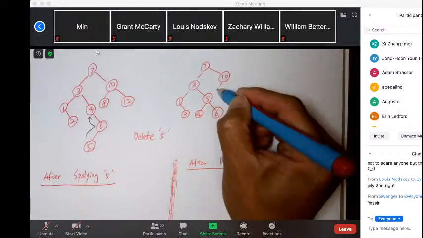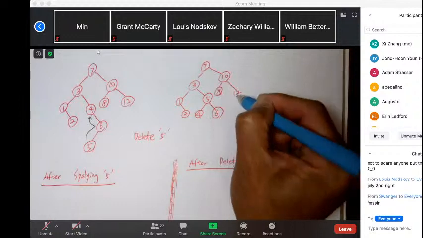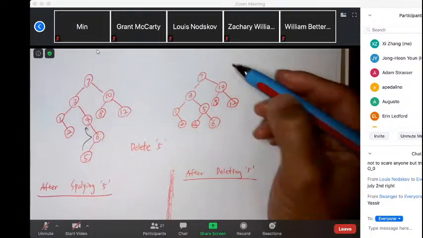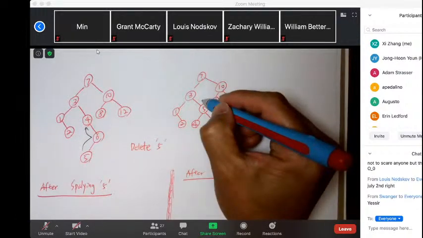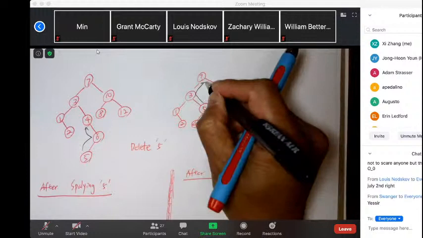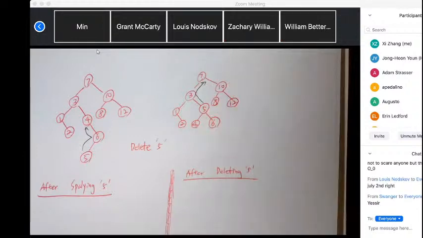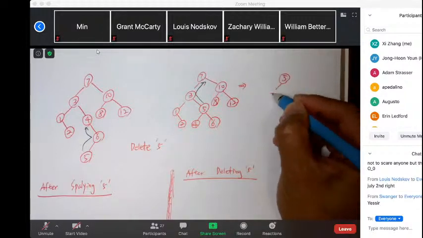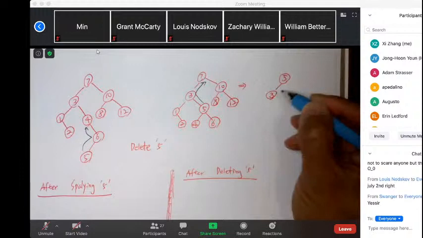Okay. So we have to do a zigzag rotation. So after the zigzag rotation, 5, 3, 4 is not the root. Okay, yeah. Anyway, so it's very easy to splay for the next step.